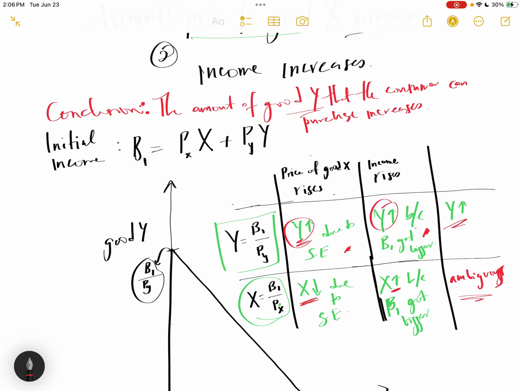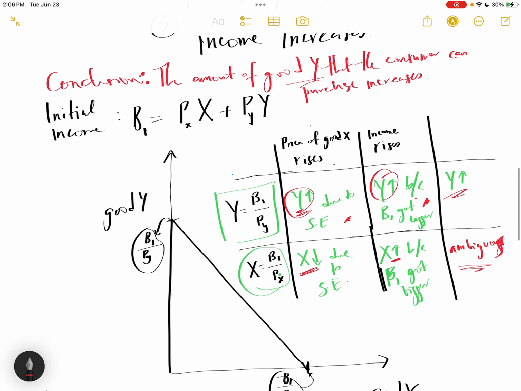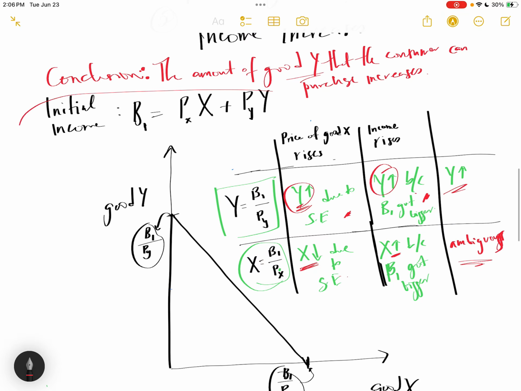Okay, for students joining us from YouTube, there's this additional equation here. What is this equation? Well, this is the budget line. This is how we depict the budget line, right?